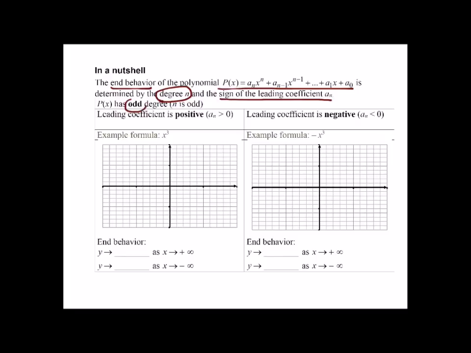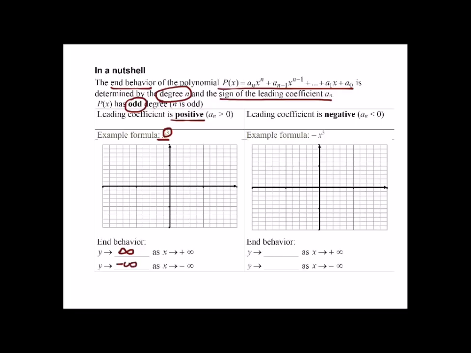If the polynomial has odd degree, that is when n is odd, and if the leading coefficient is positive, an example for that would be the x cubed monomial, that means as x gets large, then the y value has to be large as well, which means y goes to infinity as x goes to positive infinity. If x is really large in a negative direction, that is, if you were to keep putting in negative quantities that are getting larger and larger, then because we're cubing a negative number, the result is also a negative number.